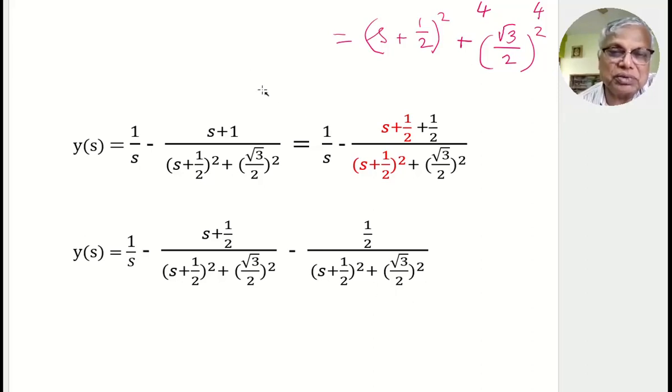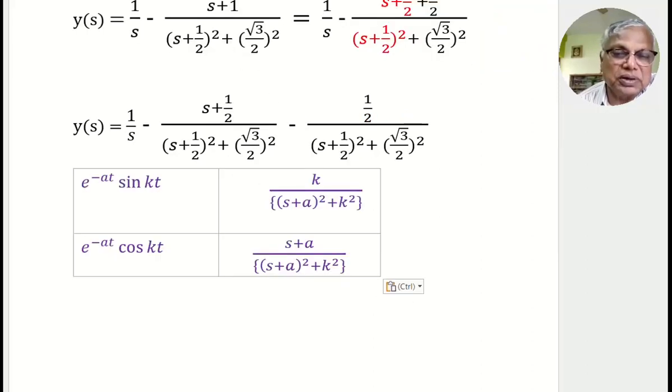What is that rule? If you recall our table of transform, you know the Laplace transform of e power minus at sin kt is this. Laplace inverse of k by S plus a whole square plus k square, that is this term.